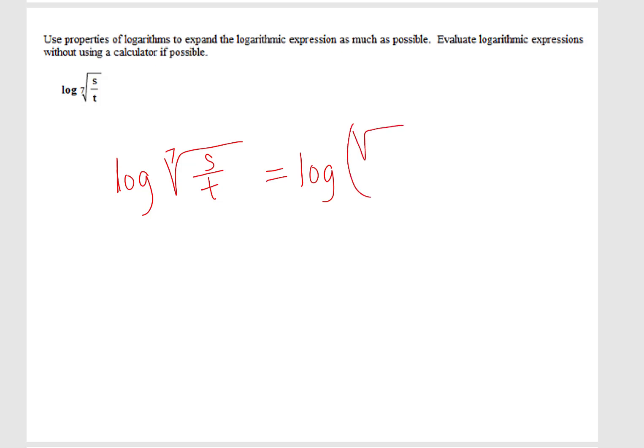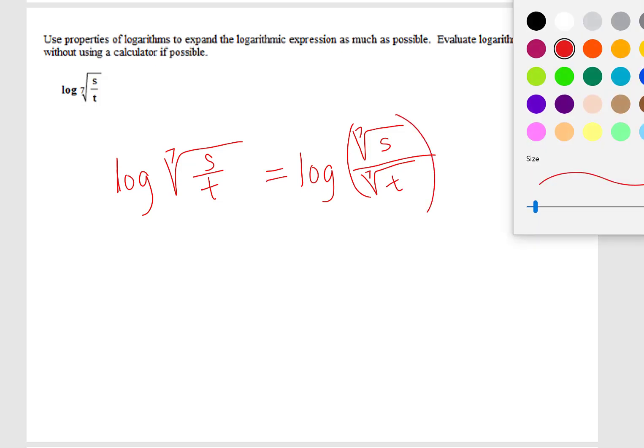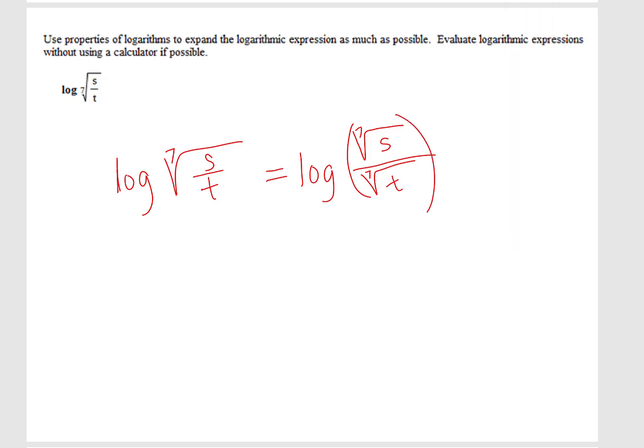Now I can go ahead and use the quotient rule. Because there's division going on, I can have subtraction between those logs.